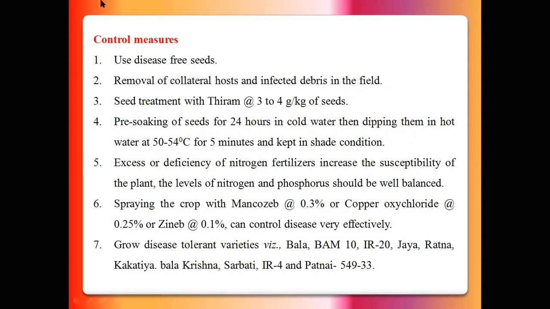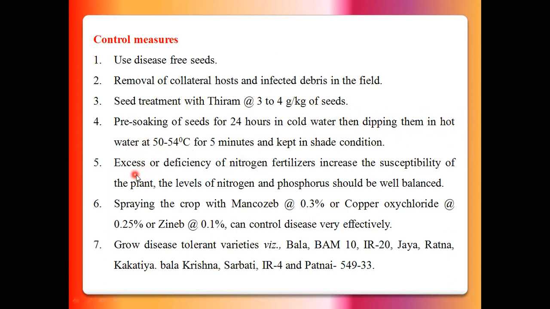Suppose firstly the rice seeds are soaked in cold water at a temperature of about 26 to 27 degrees Celsius. The mycelia already surviving inside the seed coat germinate and produce more mycelia. These mycelia are then killed after the seeds are dipped in the hot water.